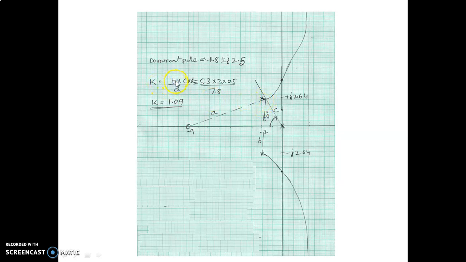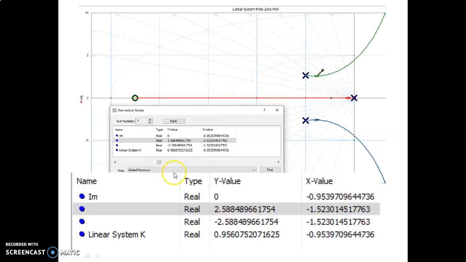Then k is given by b into c into d by a in this particular problem, and you can locate the pole position. In this case it is minus 1.5 plus or minus j 2.5, which is exactly true in your simulation. This way we can solve for the value of k for a given specification, in this particular case the damping ratio.